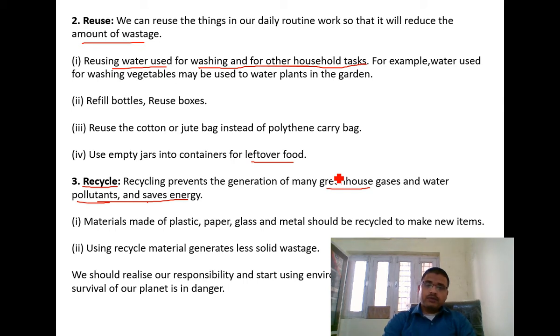Materials made up of plastic, paper, glass, and metals should be recycled to make a new item. Using recycled materials generates less solid waste, and by this we can protect our water and environment. Now all these things are given here.